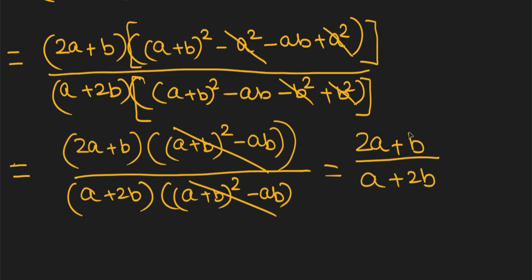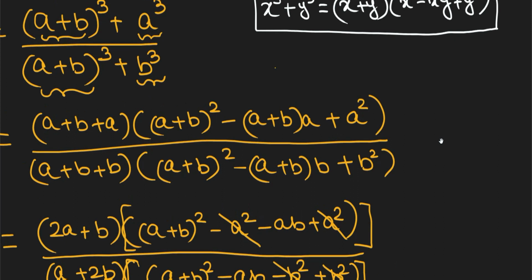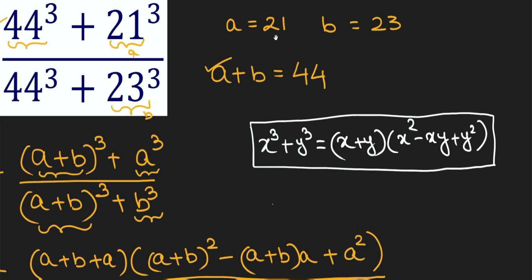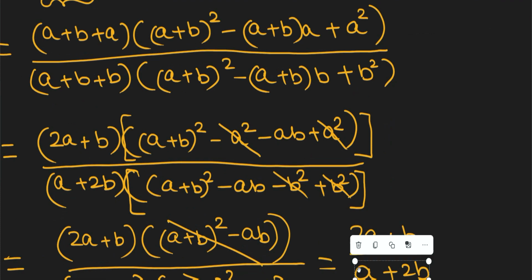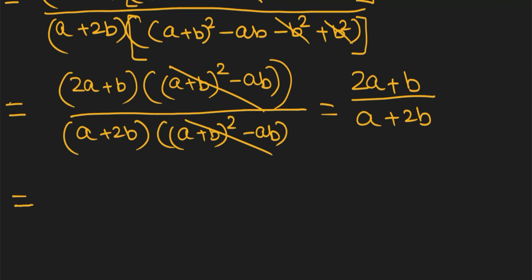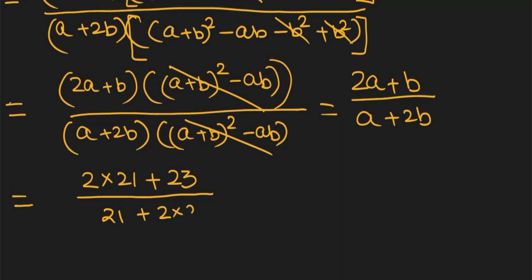We have considered the value of a as 21 and the value of b as 23. Let us replace the value of a and value of b here. So we can write this as 2 into value of a, 21, plus value of b, 23, divided by a, 21, plus 2 into value of b, 23.